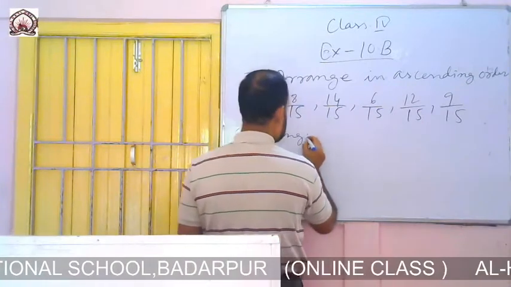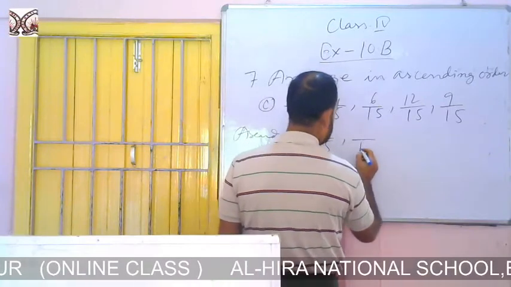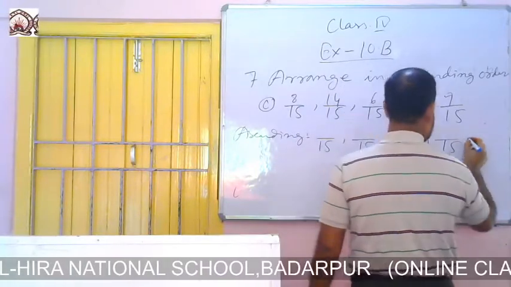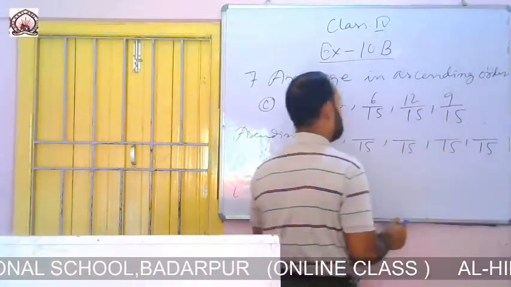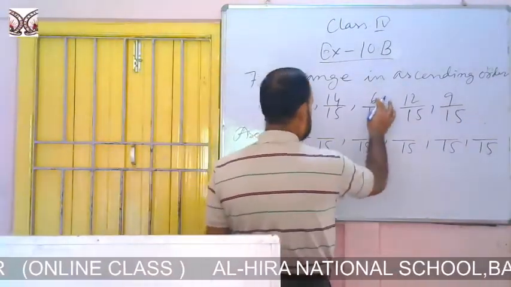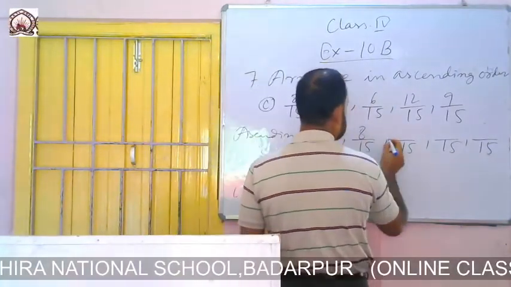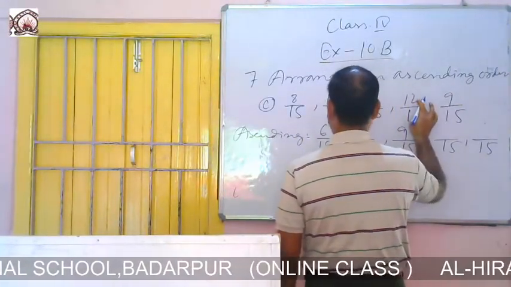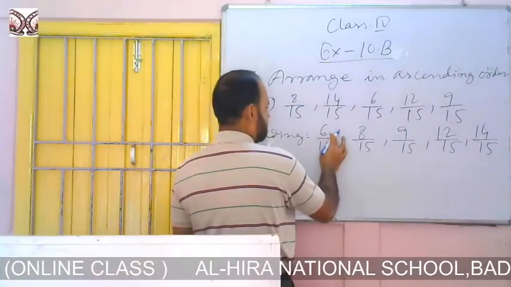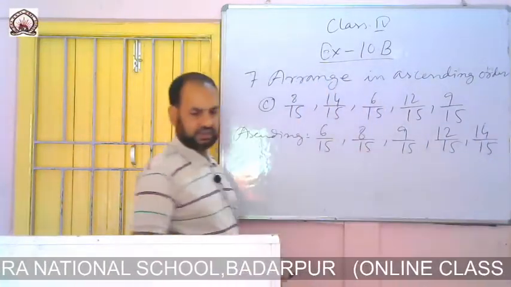First we write all denominators: 15, 15, 15, 15, 15. Now all numerators we arrange in ascending order. Here first 6 smallest, then 8, then 9, then 12, then 14. So 6 by 15, 8 by 15, 9 by 15, 12 by 15, 14 by 15.